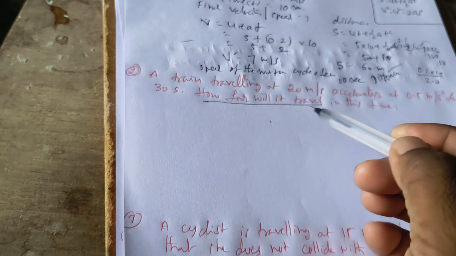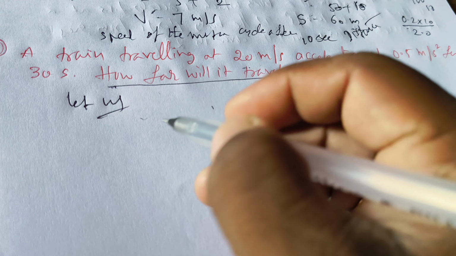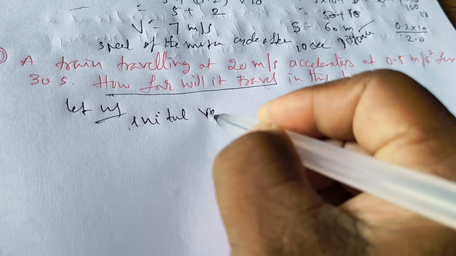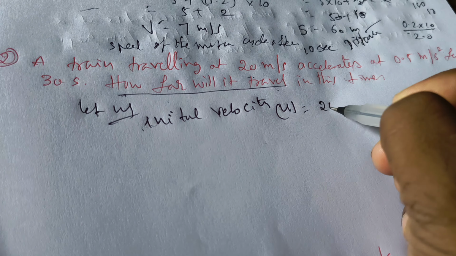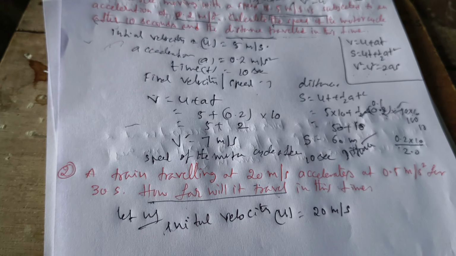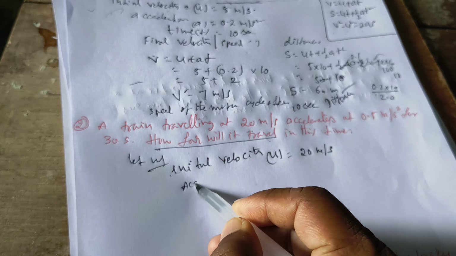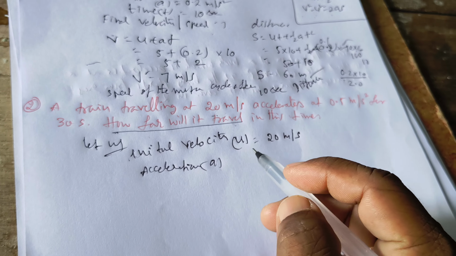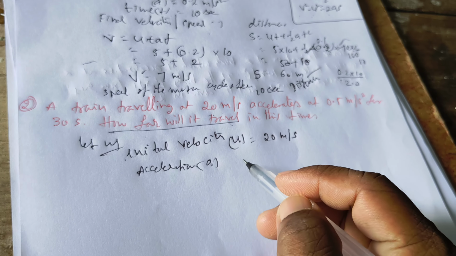Let us write the given values. The train is traveling at 20 meter per second, so initial velocity u equal to 20 meter per second. Acceleration a equal to 0.5 meter per second square.